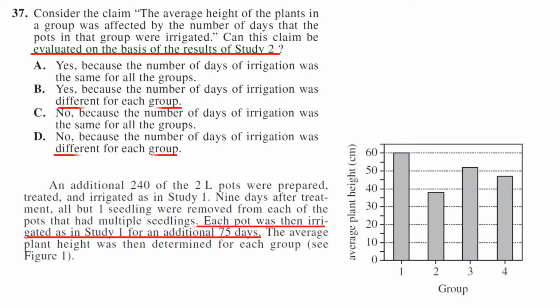This is one of those questions you can eliminate choice B and D because it says the irrigation was different for each group and that is not the same. So we know B and D is not the correct answer. Now you just have to use reasoning and say, well, if we want to know if it makes a difference, we would have to water them on different days, and they didn't have different amounts of water. So the answer has to be C, no, because the irrigation was the same for all groups.